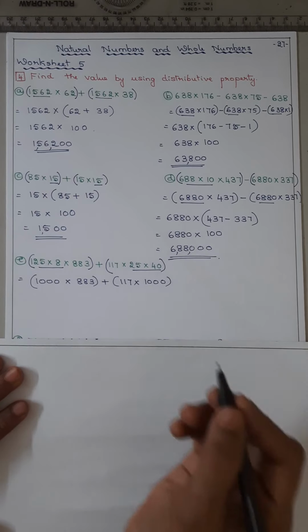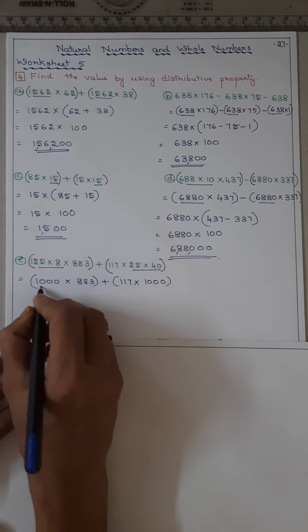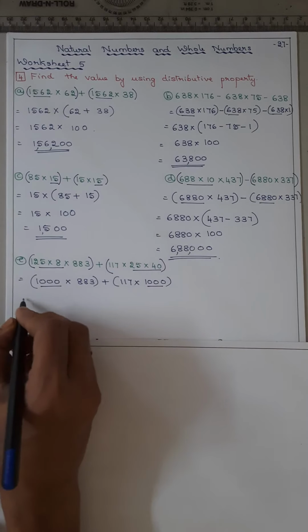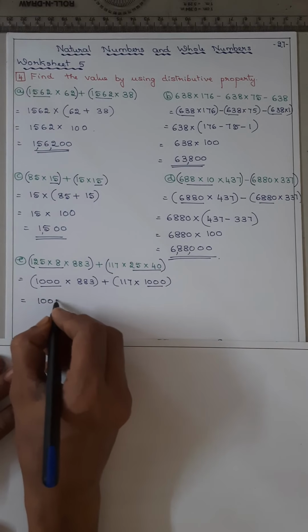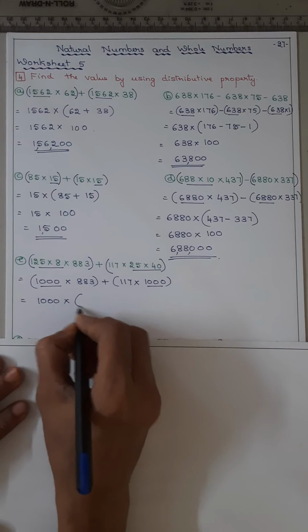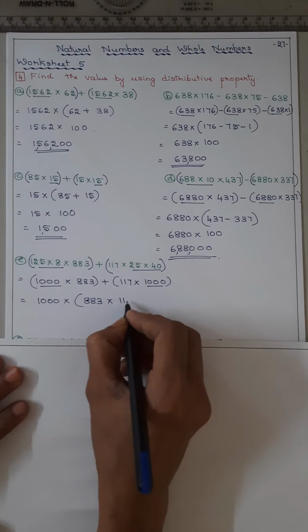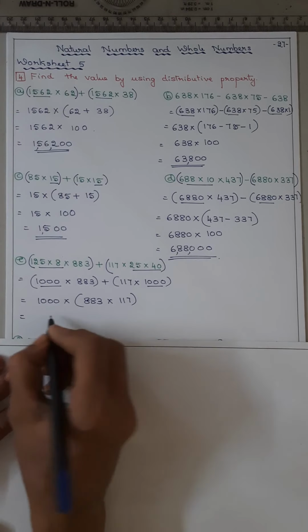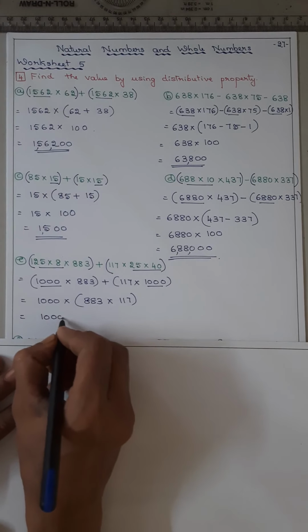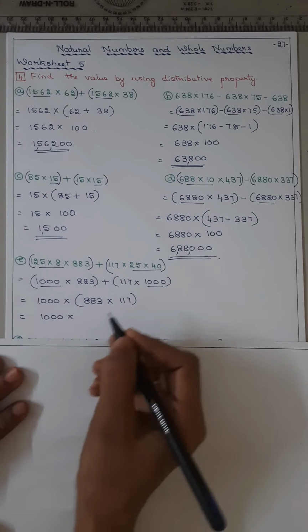तो कॉमन मिला अभी. What is common? 1000. Now write that 1000 out. Then multiplication sign. 883 into 117. So it is 1000 into, sorry, this is plus. Better be careful.